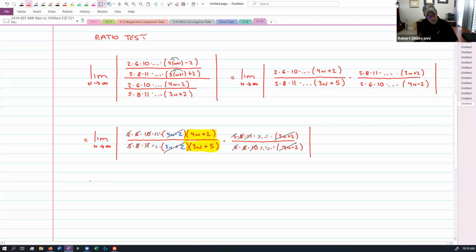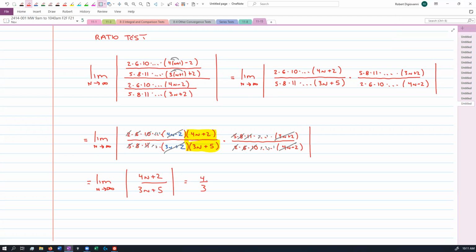And so now I'm taking the limit as n goes to infinity of the, I don't need the absolute value, but I'll put it, absolute value of 4n plus 2 over 3n plus 5. And there's infinity over infinity. You do L'Hopital's rule one time and you get 4/3. What's the conclusion? Series diverges, right?